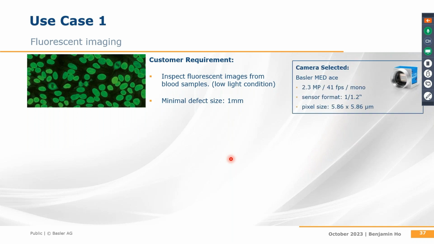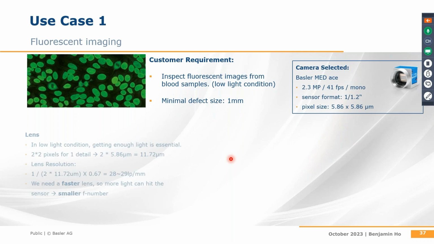The pixel size of the camera is 5.86 micrometer. Because the application is not sensitive to resolution but to brightness, we decide the resolution we need to mesh as 2 × 2 pixels, equal to 11.72 micrometer. So 1/2 × 11.72 micrometer times 0.67 equals 28.58 LP per mm.